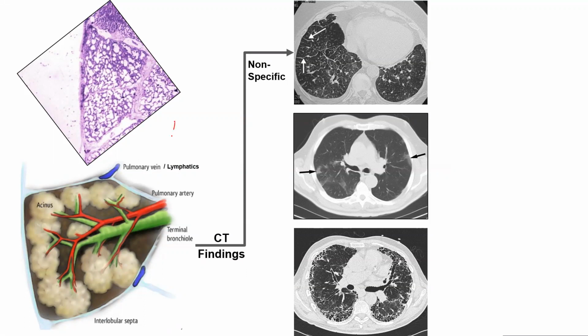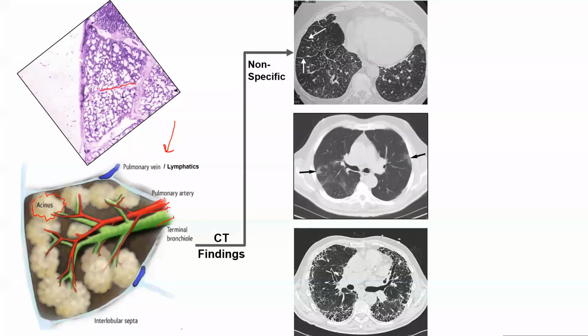This is the secondary pulmonary lobule right here. The way it's set up is that here's the bronchus, here's the artery right here. And this goes into a bunch of different acini, which have alveoli. There's a bunch of alveoli that constitute this acinus right here. There's multiple of those.